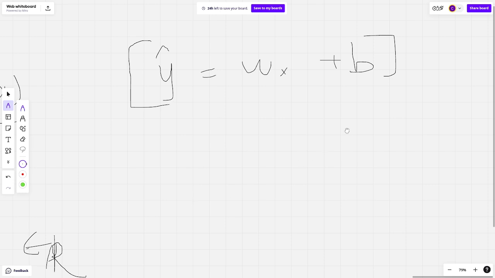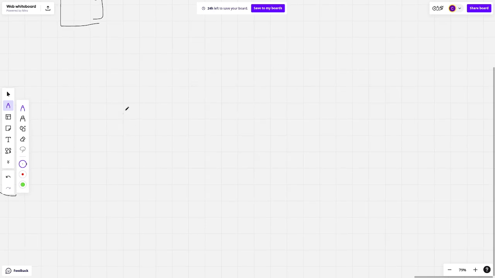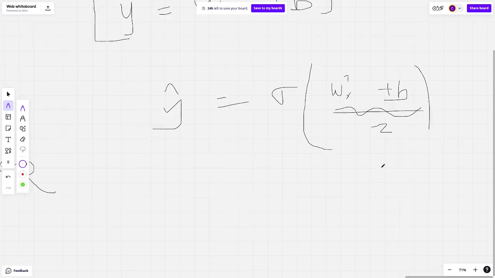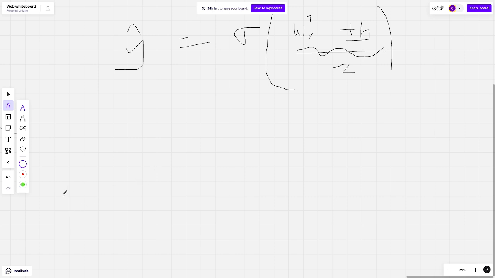So in logistic regression, we are going to have y hat equal to sigmoid of W X transpose plus B, and this thing will be considered as Z, where sigmoid is applied to Z. I'll try to explain what the sigmoid function is.